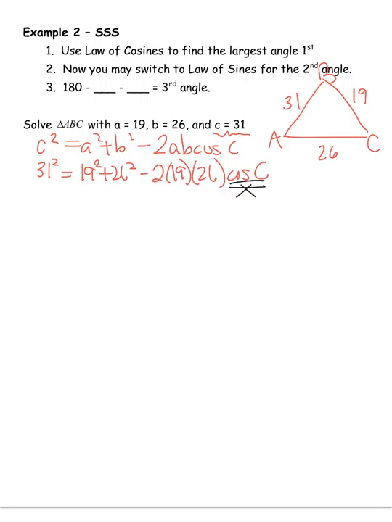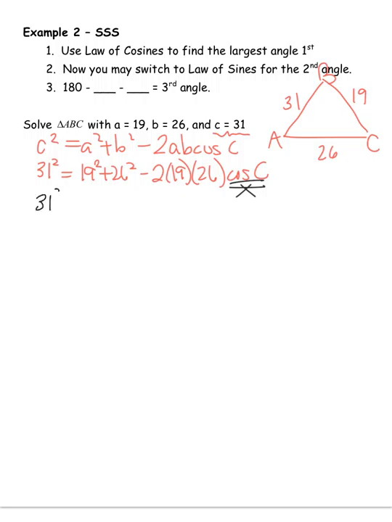That's like an x that we're going to get by itself. That also means that 19 squared and 26 squared is not a like term with this part of the problem because this has an x. So we have to be careful and do this in pieces.